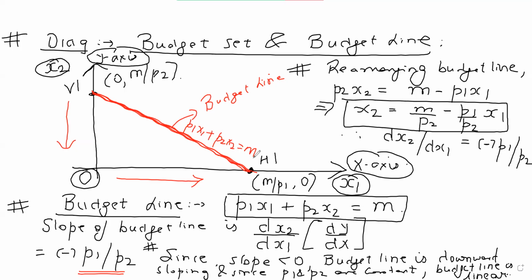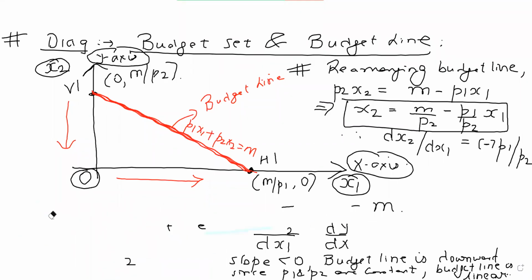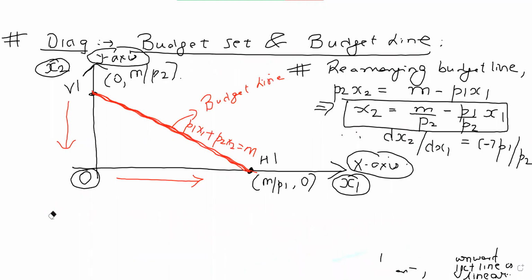Now let's interpret the slope. Let's write what the slope measures. So I can erase all this off now. And let us write the interpretation of the slope.